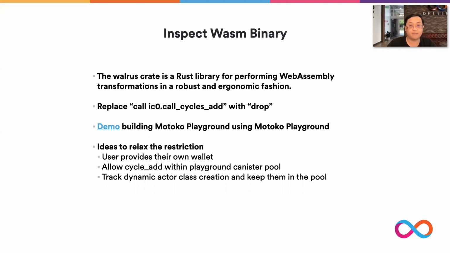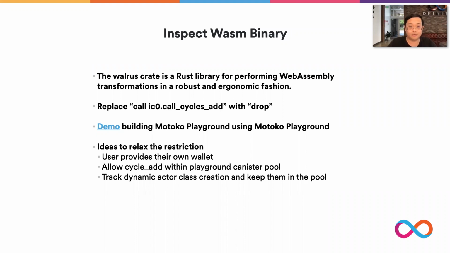So we look into the WebAssembly instructions, and we replace all the call cycles system API with drop, which basically means ignore this instruction. Since this system API is the only way that you can transfer cycles, if we remove it, then we are really preventing you from transferring any cycles.